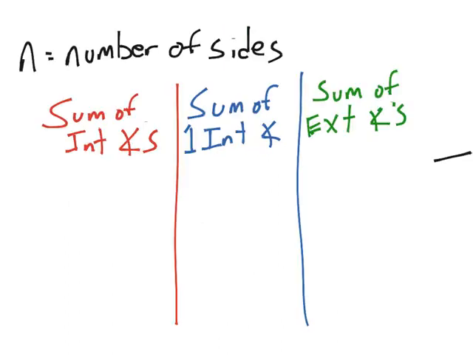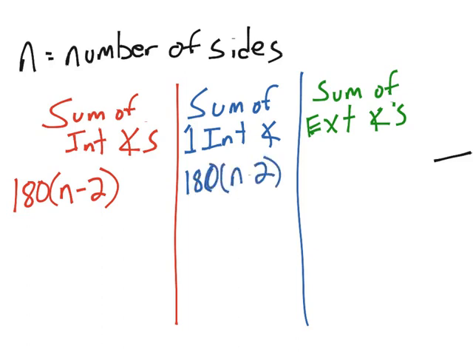So, real quick refresher. The sum of the interior angles in a polygon is 180 times the number of sides minus 2. The measure of one interior angle is going to be that same formula, n minus 2, divided by the number of sides there are.